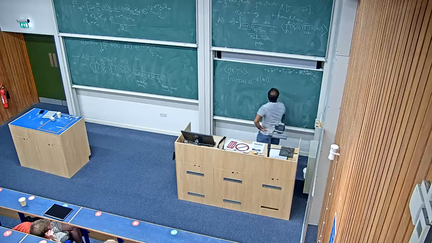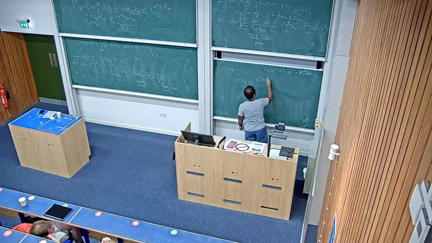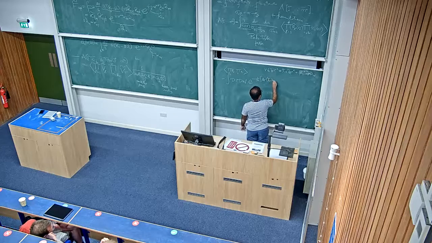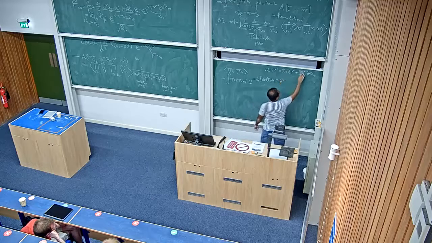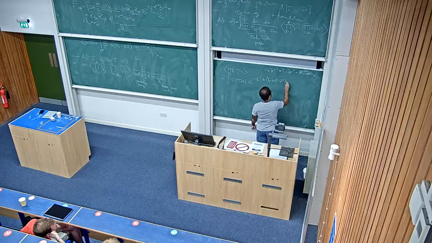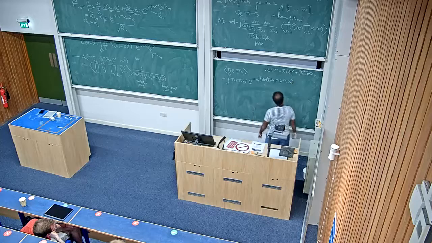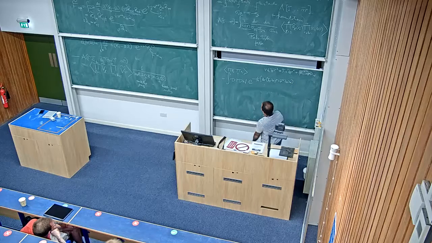Yeah, so we plug that in here. So these are fields. Now you have a bunch of twistor representatives A and A tilde.